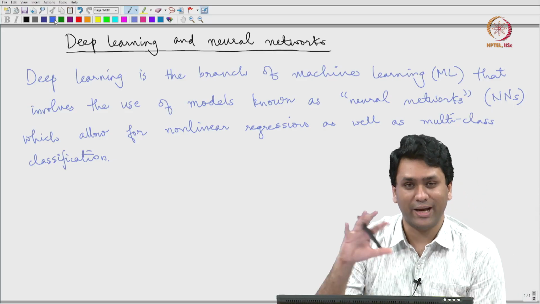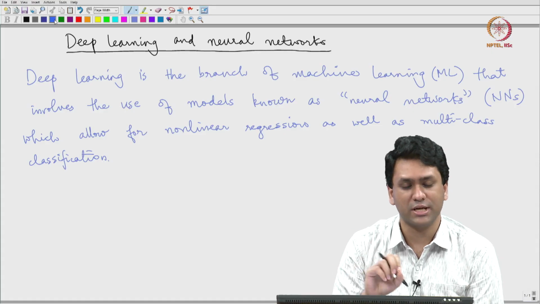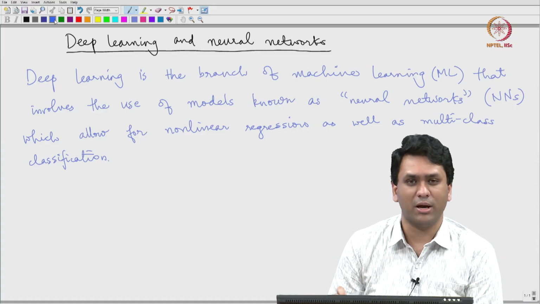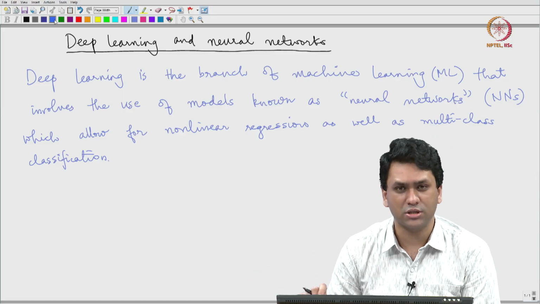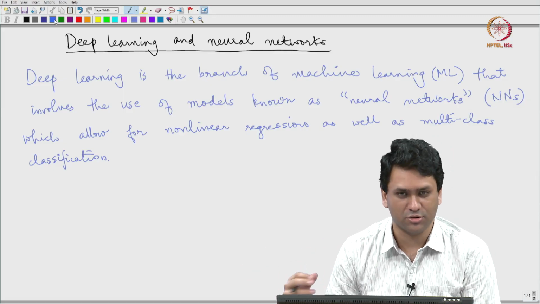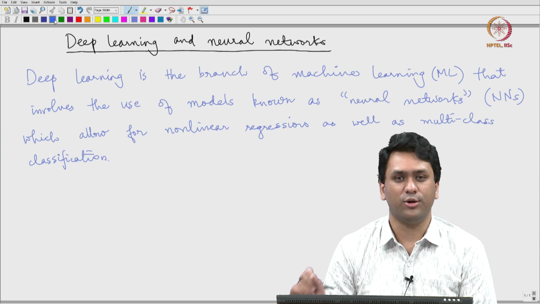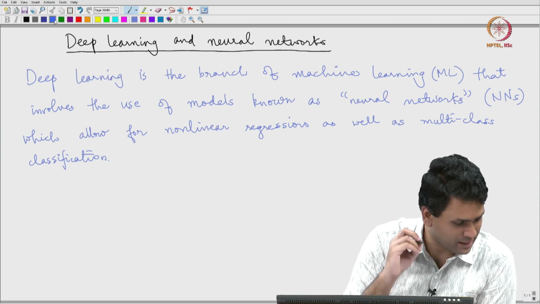So, why are these called neural networks? It is a form of a network, right, where there are a lot of nodes and these nodes are interconnected, and by passing values or information through these nodes we are led to a final prediction. So, that explains the name neural network. So, let us write that down.